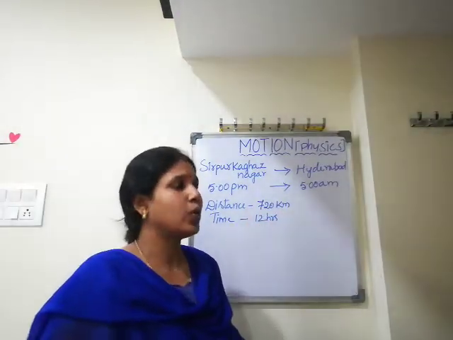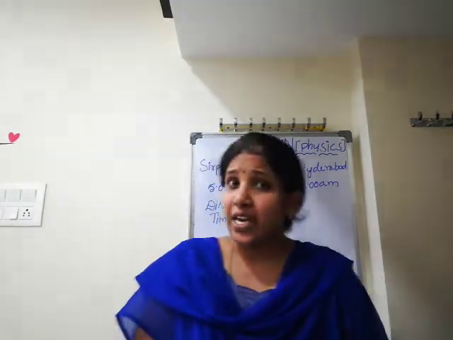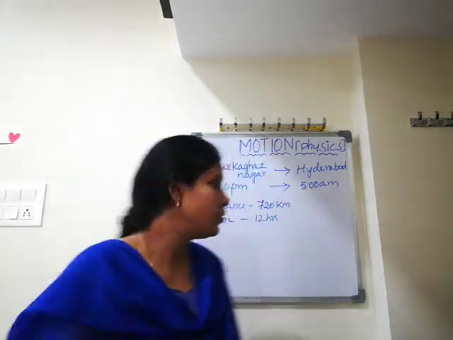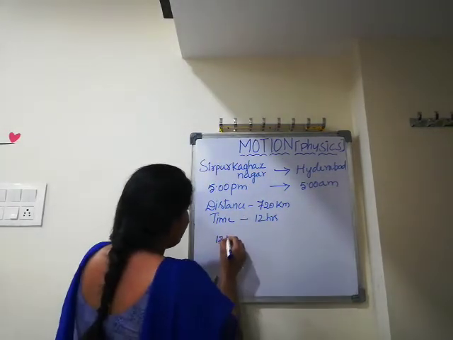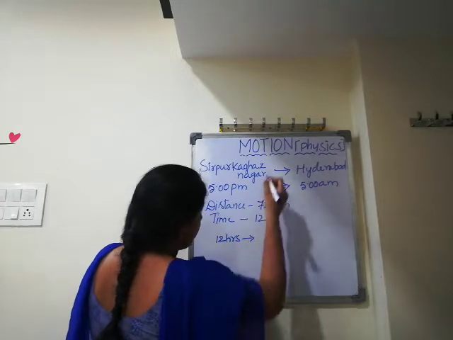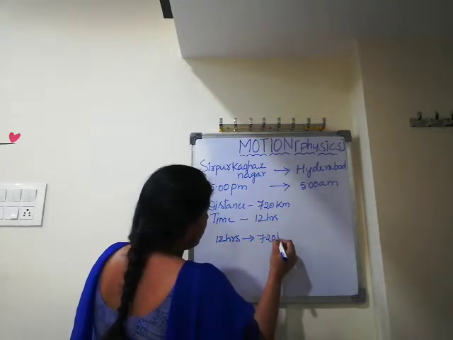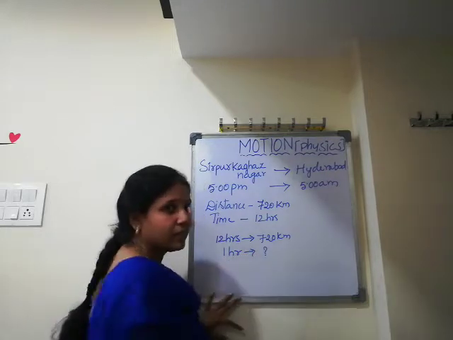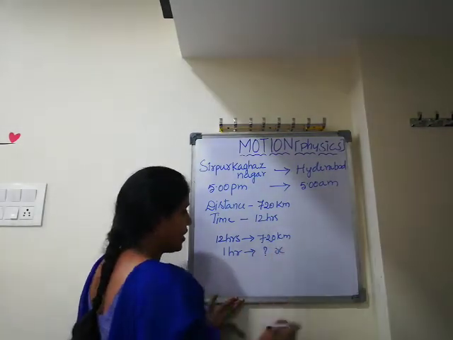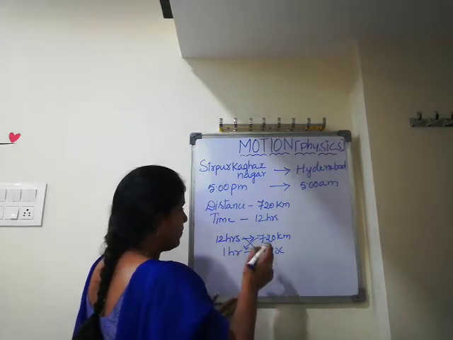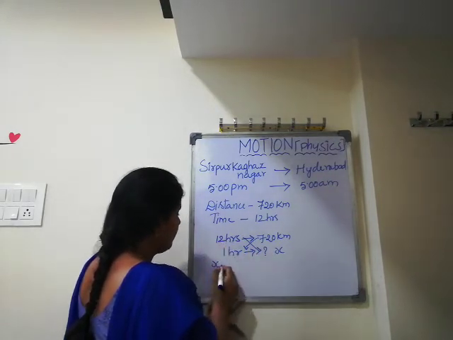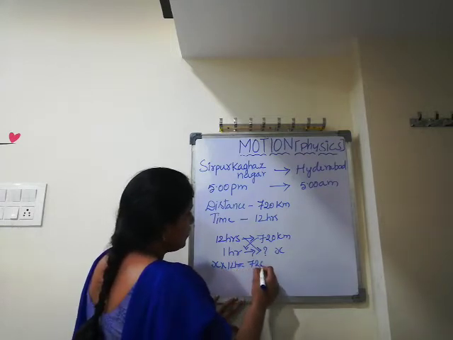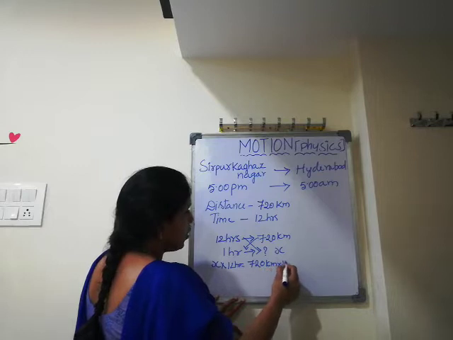Now, can we calculate the distance covered by that train in 1 hour? Yes. How? 12 hours was taken by that train to cover 720 kilometers. In 1 hour, how much? Consider this as x and cross multiply. x into 12 hours is equal to 720 kilometers into 1 hour.